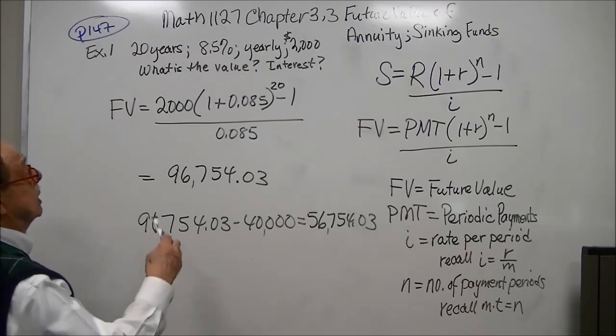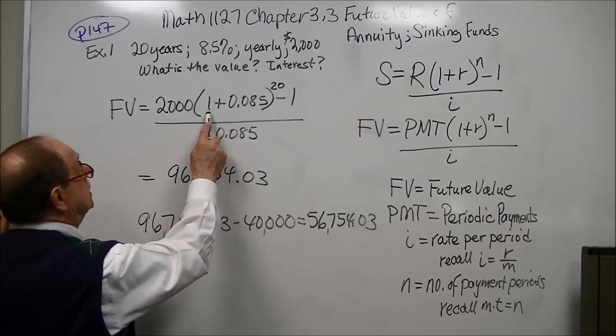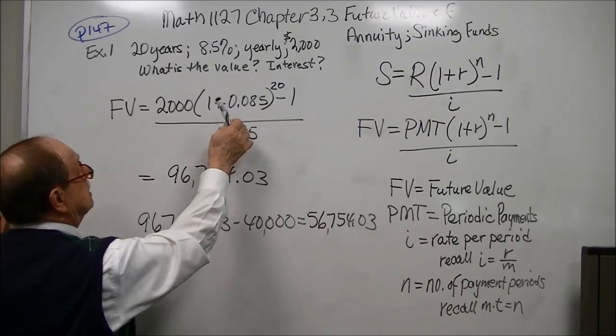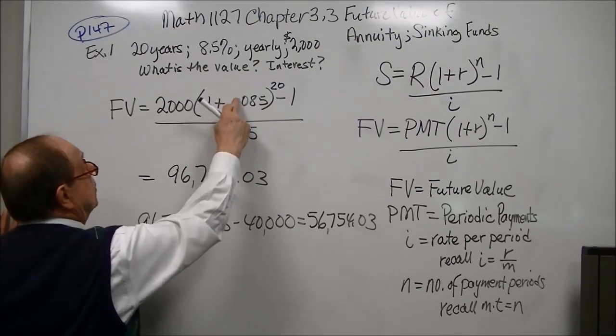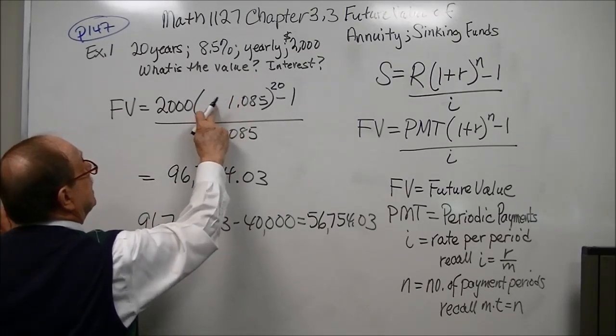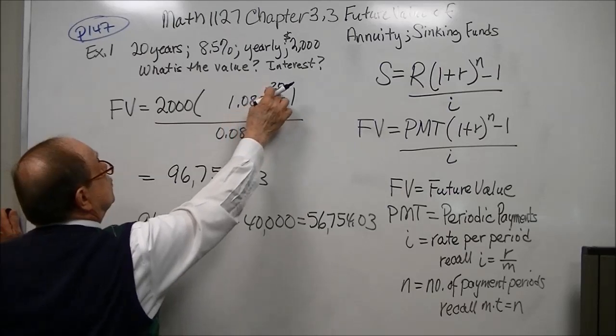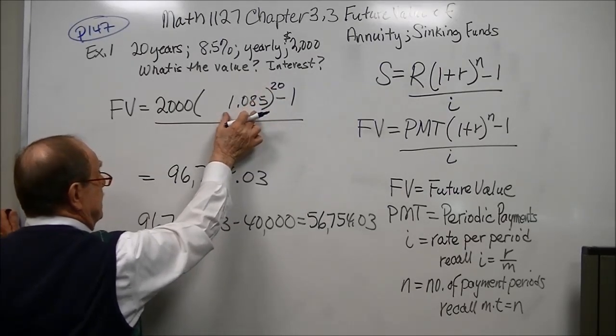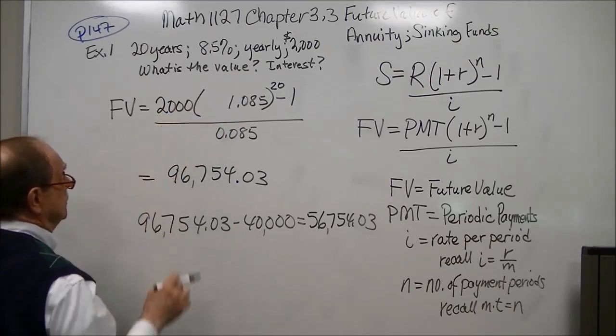So again, what I would do is I would put 1 plus this. That just makes this a 1 here. Raise this to the 20th power in your calculator. Multiply it by 2,000.